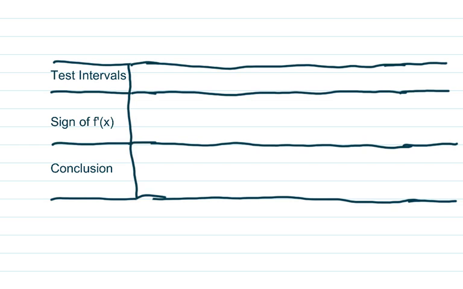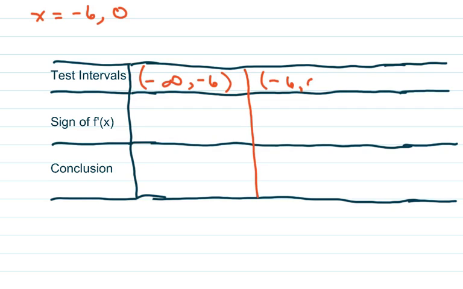So when I do my test intervals, my critical number is negative 6 and my discontinuity is at 0. So I'm going to go from negative infinity to negative 6, and then from negative 6 to 0, and then from 0 to infinity, and see what's going on.